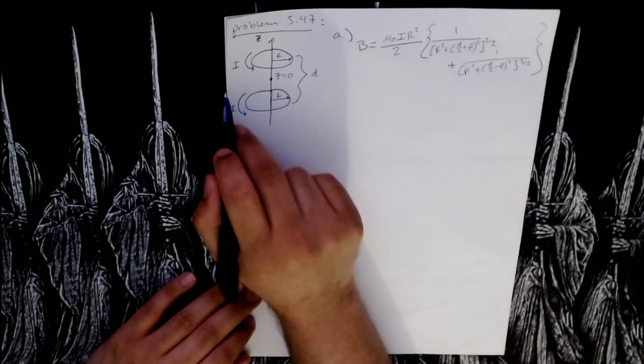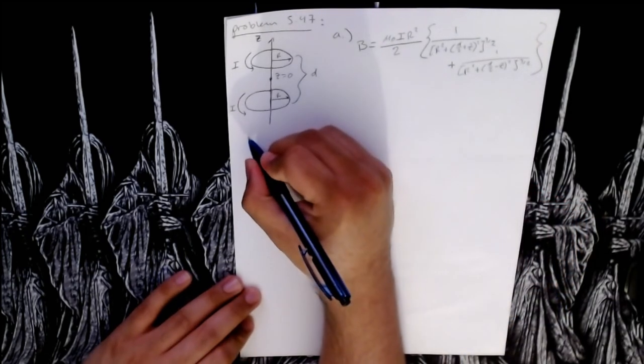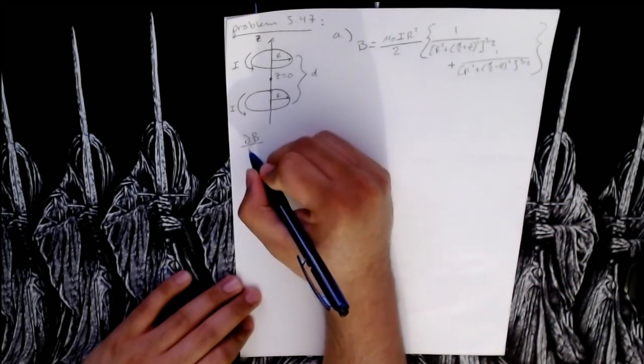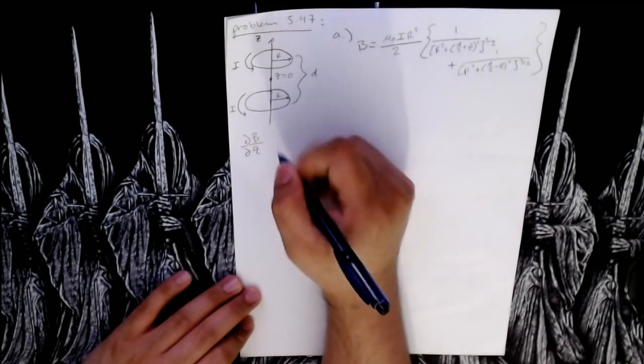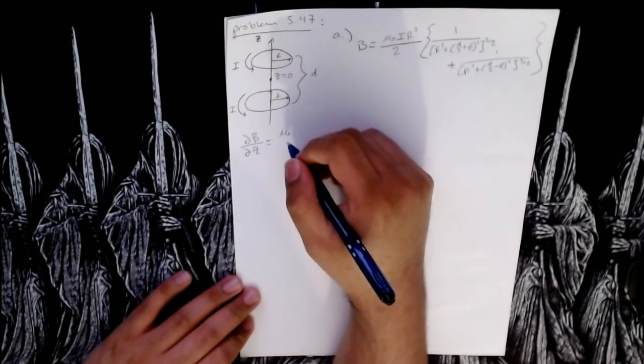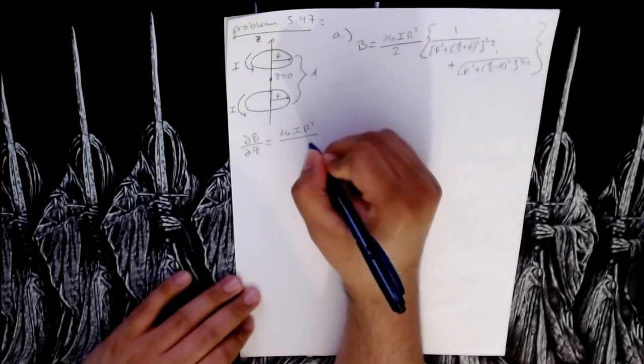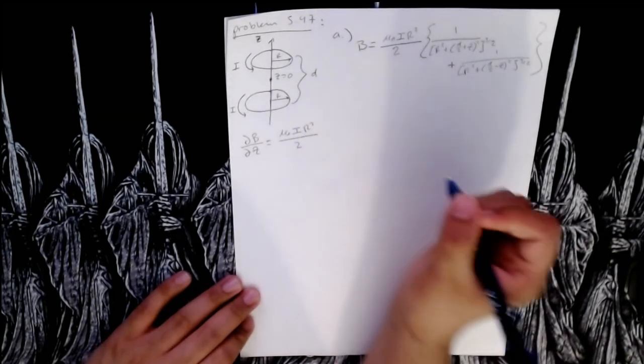Now we just have to take the derivative of this with respect to z. So that's going to be mu naught I r squared over 2.